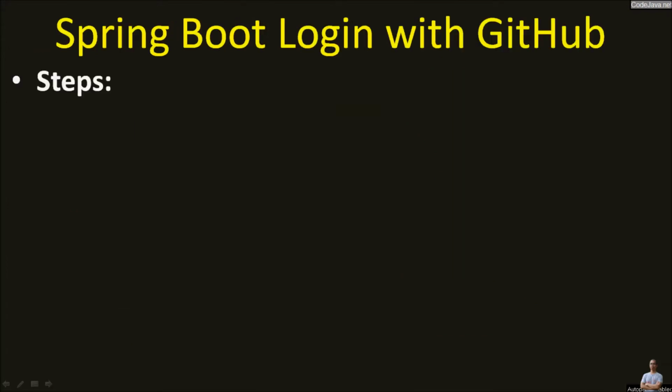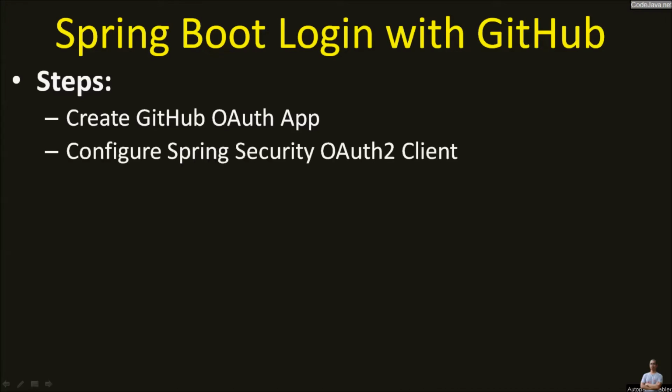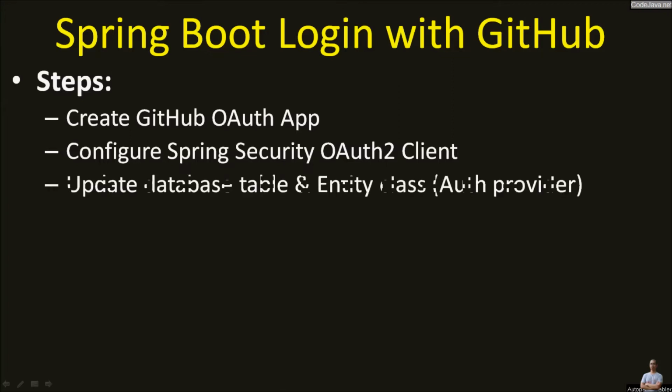So here are the steps which we need to follow through this video. First, we need to create a GitHub OAuth app to implement login with GitHub, and then we need to configure Spring Security OAuth2 client, and then we need to update the database table and entity class to add a new column that stores the information about the authentication provider.